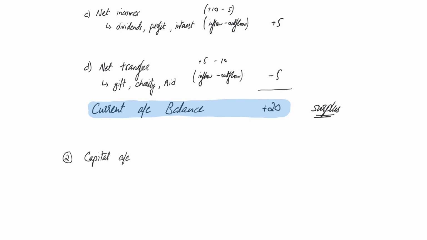Okay, in the capital account, we don't record all those ongoing transactions on goods, incomes and free money, but rather over here we tend to record all transactions which are non-profit, and usually they are in fixed capital, which are geographically immobile.